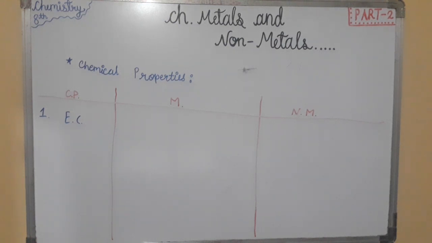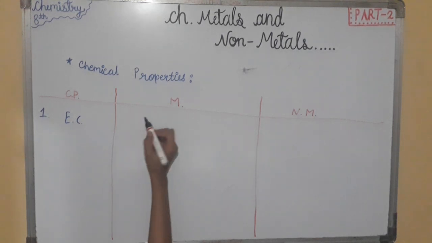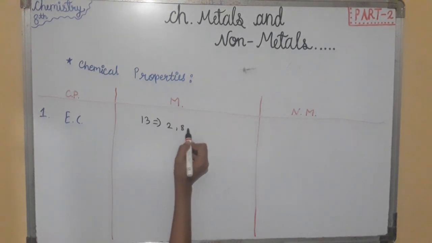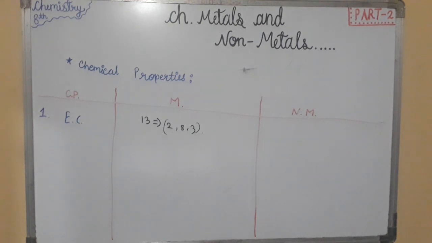Example, aluminium. Atomic number is 13, that is 2, 8, 3. It has 3 electrons in its valence shell. Now non-metals have 4, 5, 6 or 7 electrons in their valence shell.